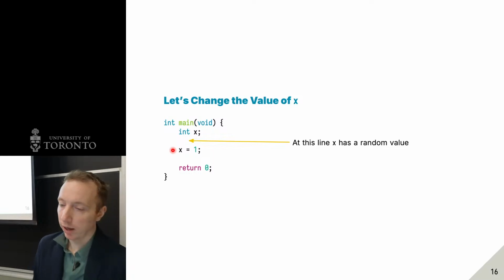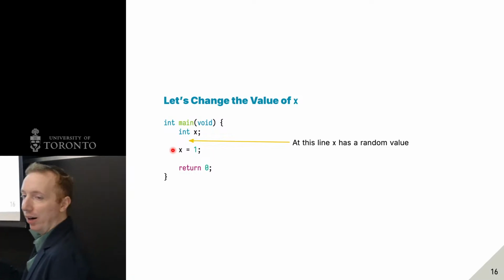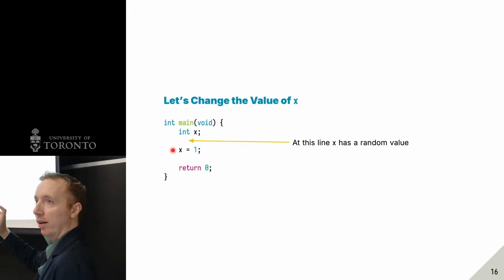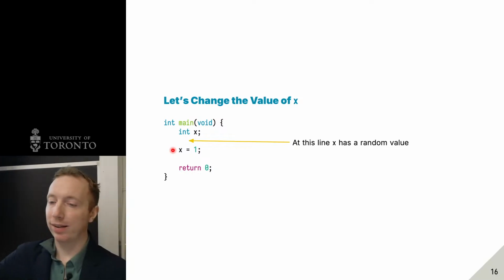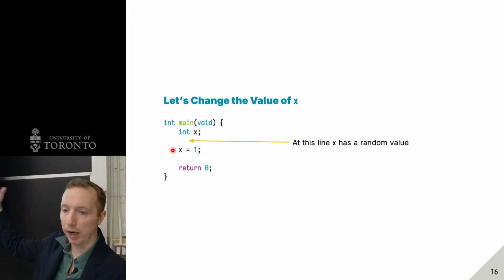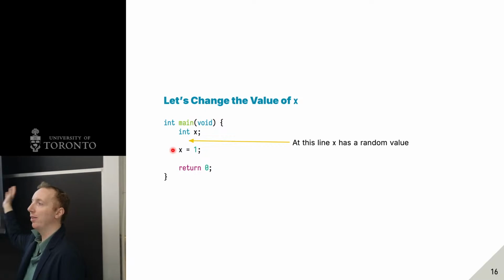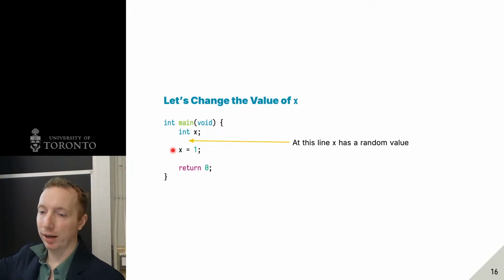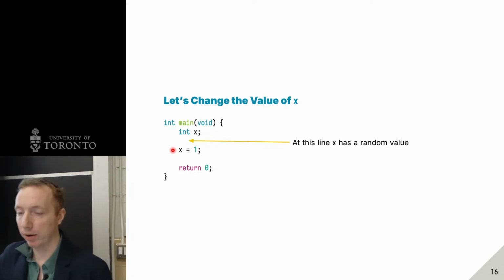So the rules of C are exceedingly weird. If I just do int X, the rules of C is that at this line, if I tried to use X or anything like that, X has a random value that is undefined that you do not know what it is, so you can't trust its value whatsoever.